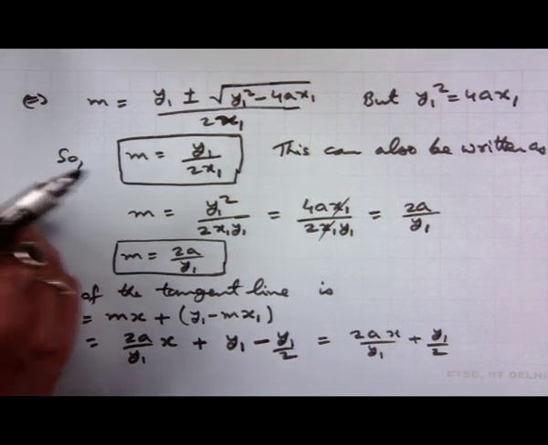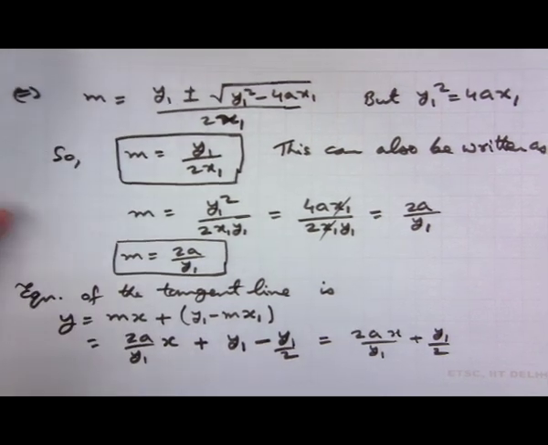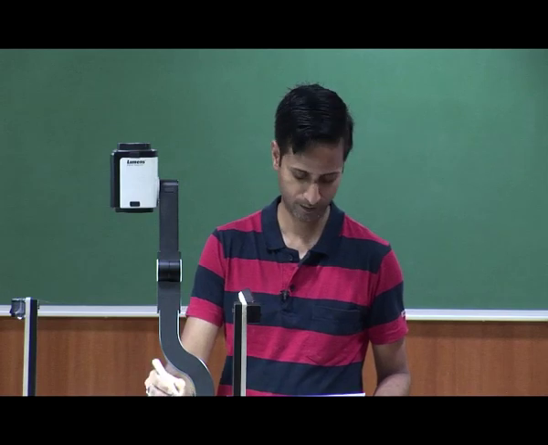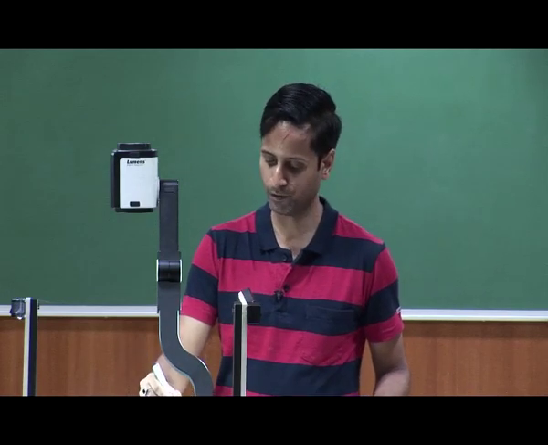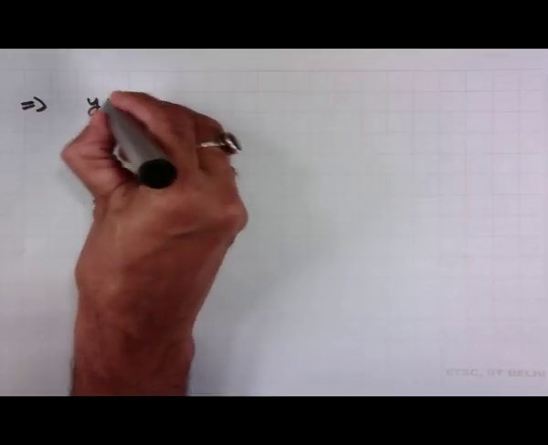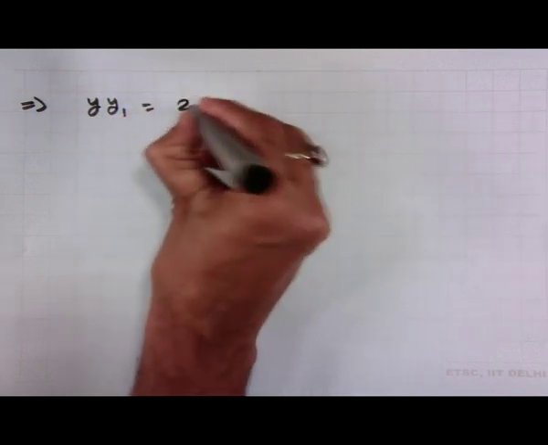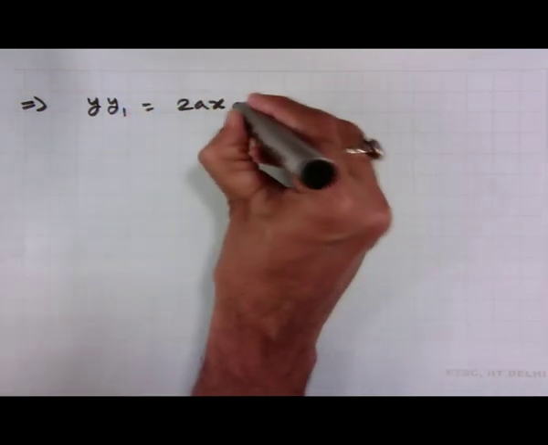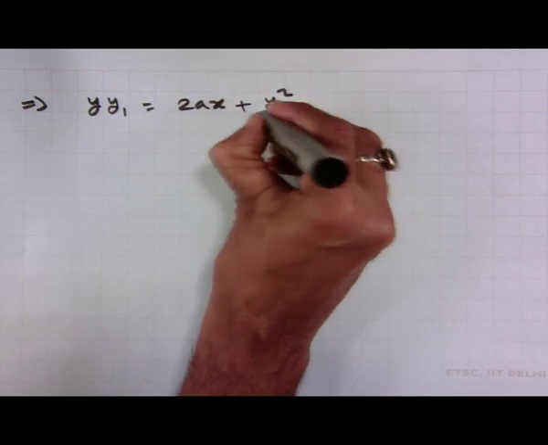So, this implies if we multiply by y 1, y times y 1 equal to 2 a x plus y 1 square by 2.